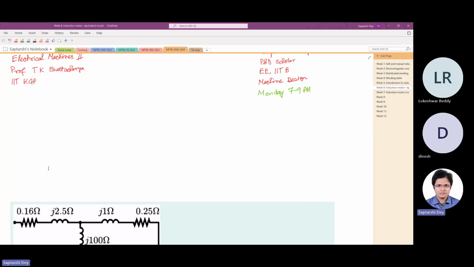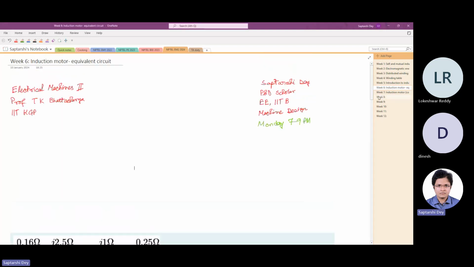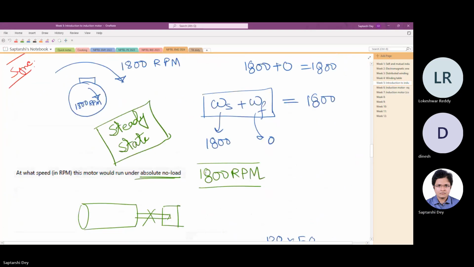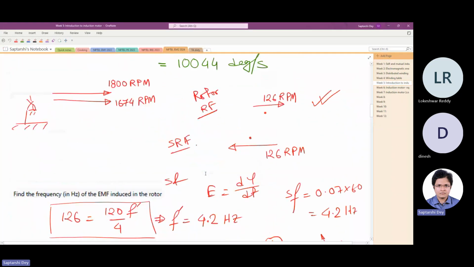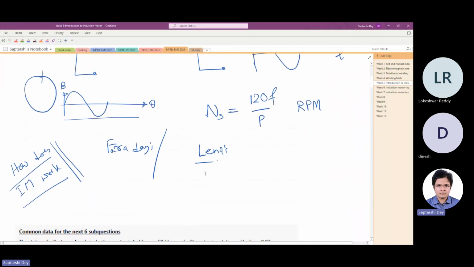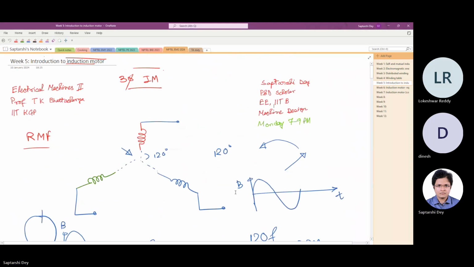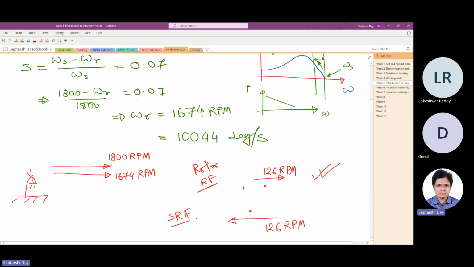Okay, we'll start. So last class we looked into rotating magnetic field, mostly of induction motor. As I said, they are same for induction and synchronous machines.